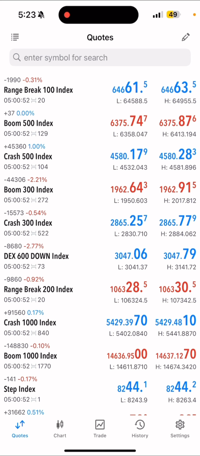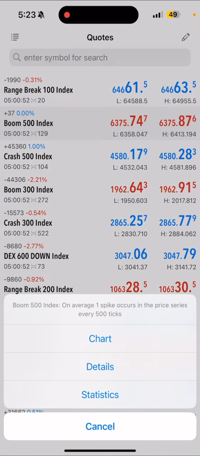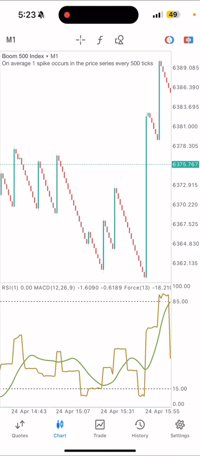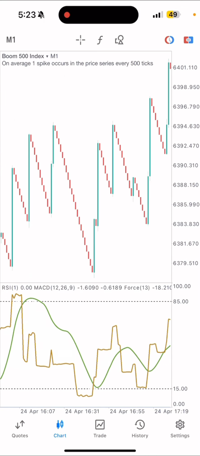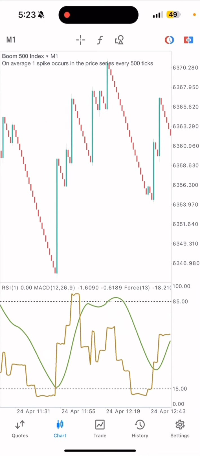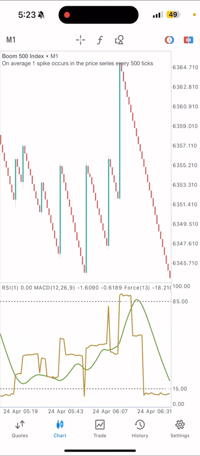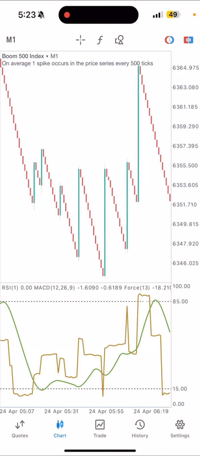Let's look at the boom index market. So we are going to consider boom 500 in this case. Now remember that this strategy works for boom 500, crash 500, boom 300, and crash 300 indices. So as you can see here, let me go back a little bit and maybe start from here.